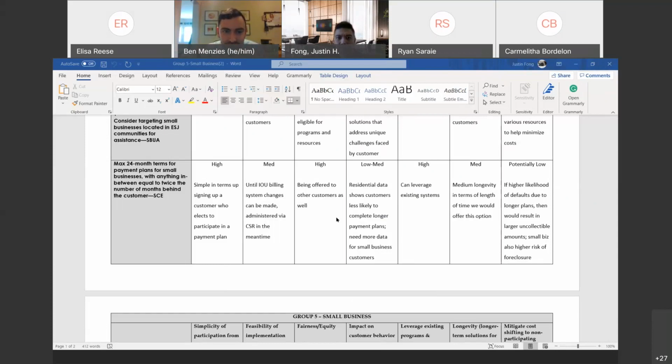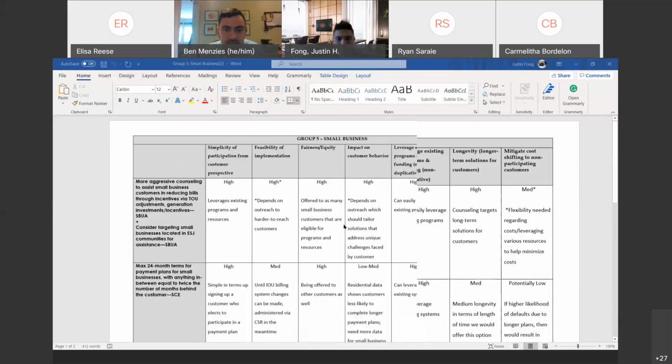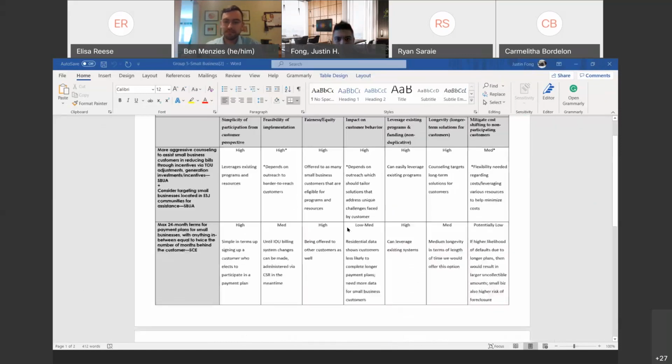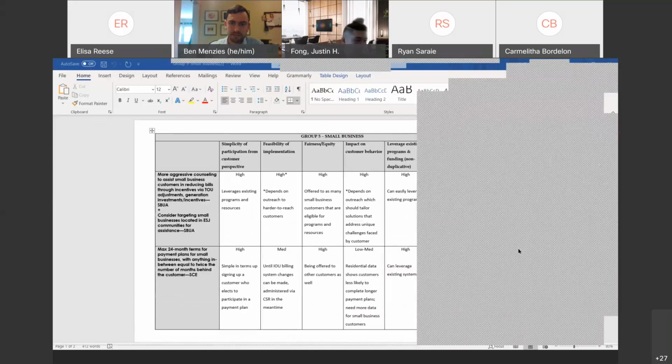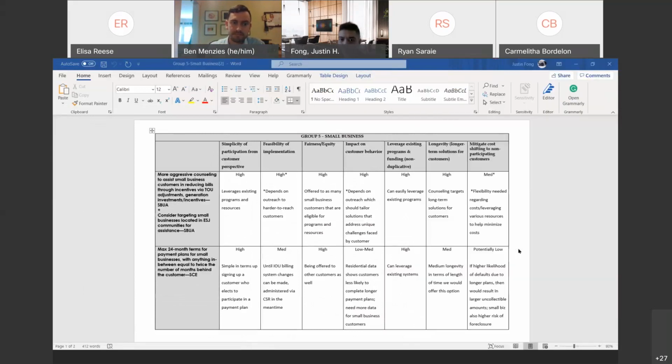Equity impact to customers is low and medium because studies have shown that customers with long payment arrangements tend to default at a higher rate than shorter payment arrangements, but we will need a study to see how commercial customers react to longer payment arrangements. Leverage is high because we all have the process in place.